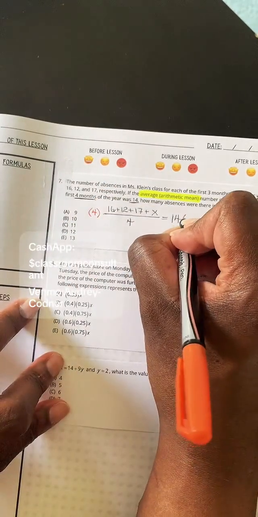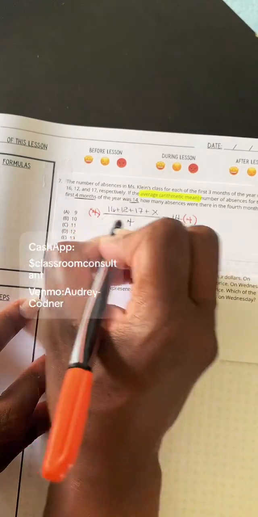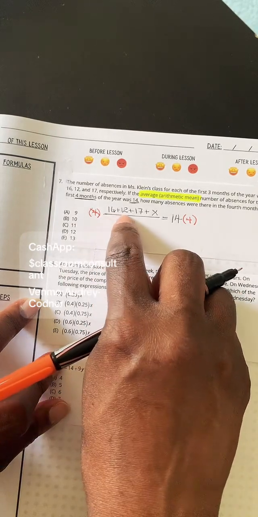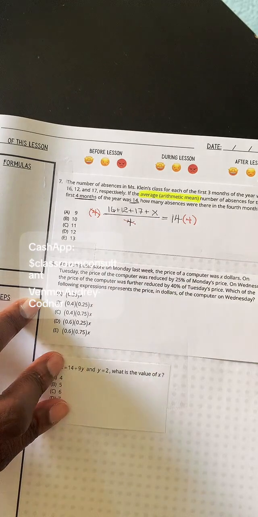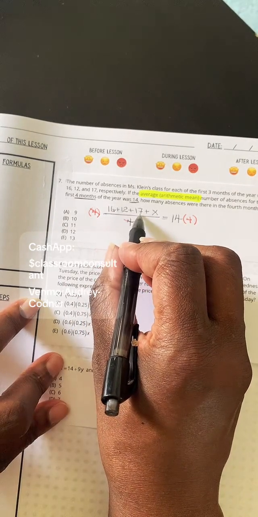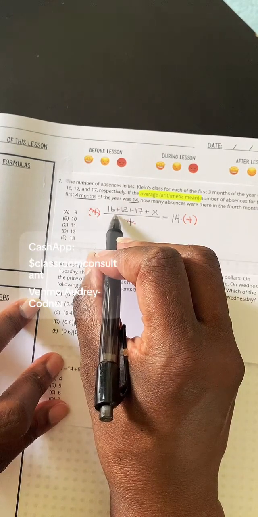So I'm going to multiply both sides by 4. 4 divided by 4 gives me 1. But I don't need the 1 because I still have my 16 plus 12 plus 17, which gives me 45.